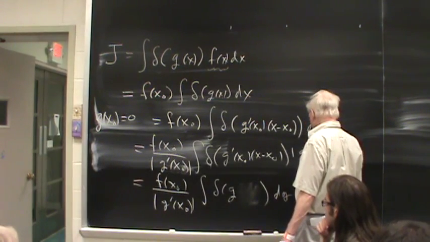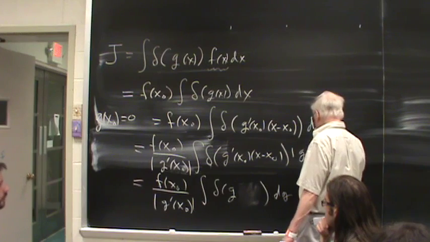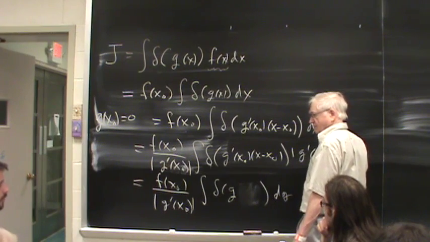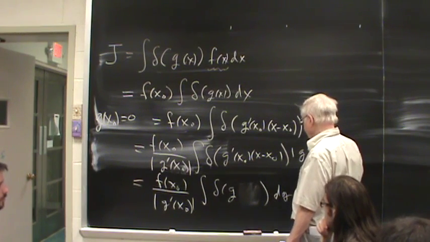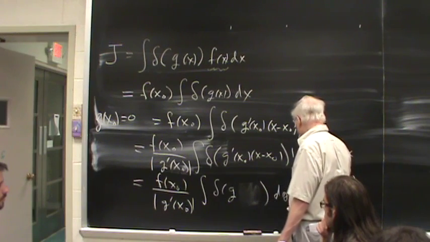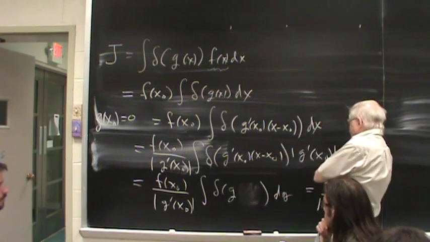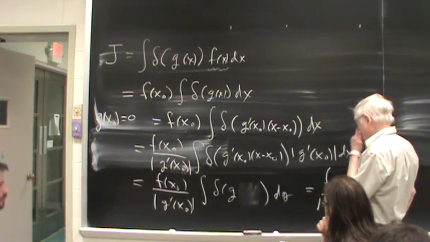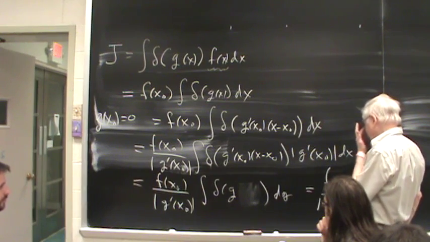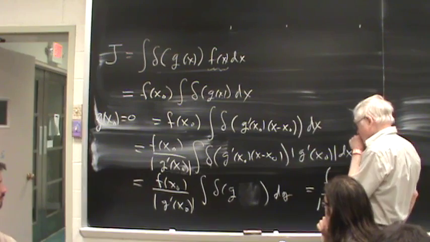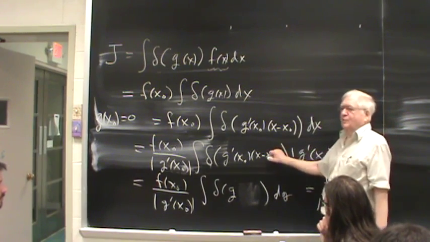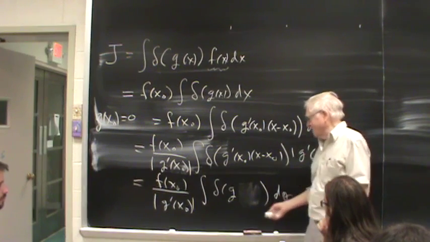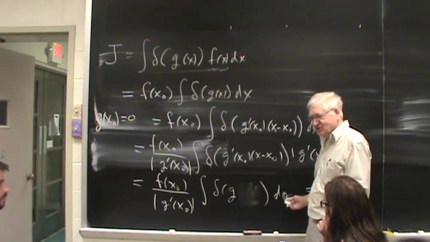But this thing is really the absolute value of dg, essentially. All right, I must say I'm having a little trouble. Well, let's see. We took care of the sign. We know the sign is positive. The magnitude is obviously unity because we're integrating delta of g dg.